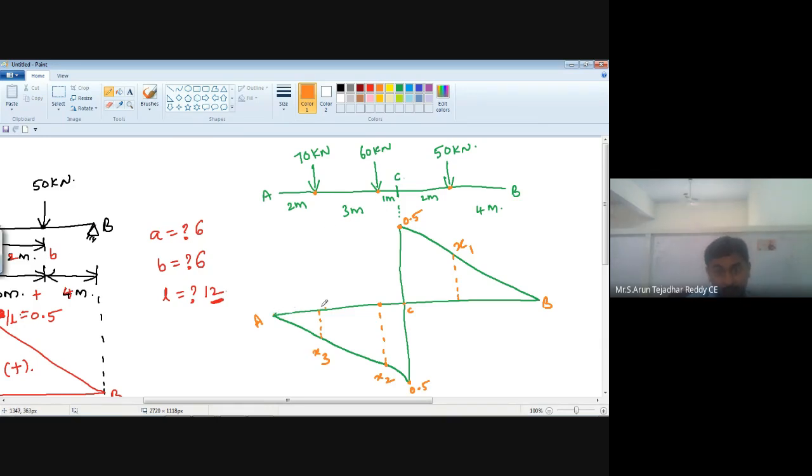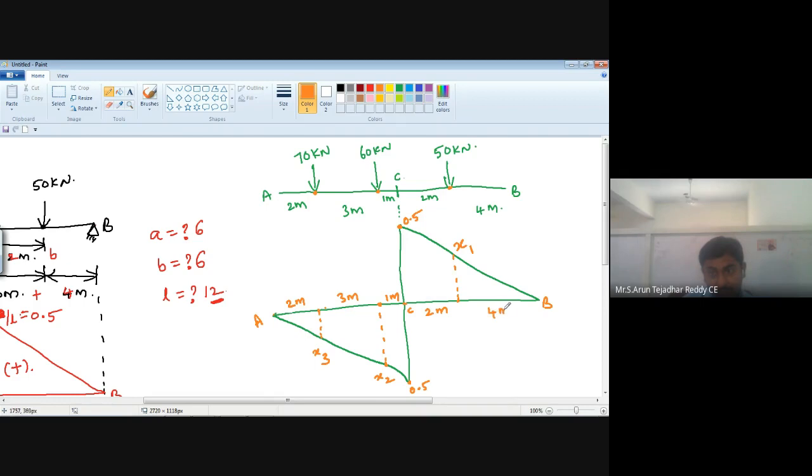From A up to here we have 2 meter. Next, from this point to this point we have 3 meter, and from load up to point C we have 1 meter. From C up to 50 kilonewton we have 2 meter.